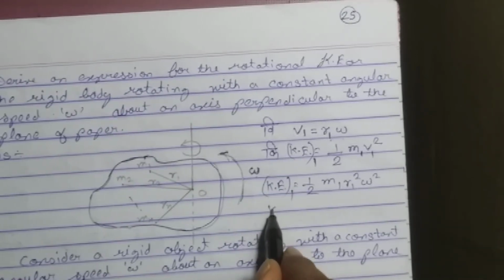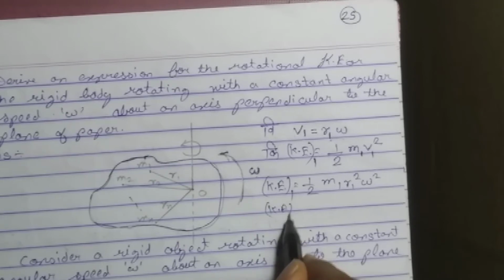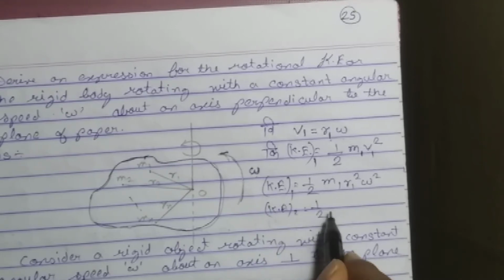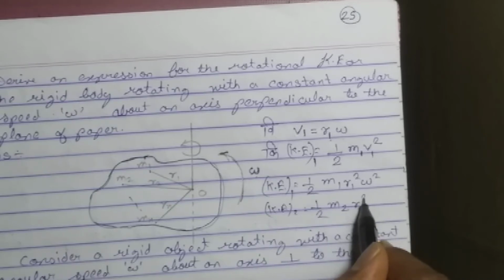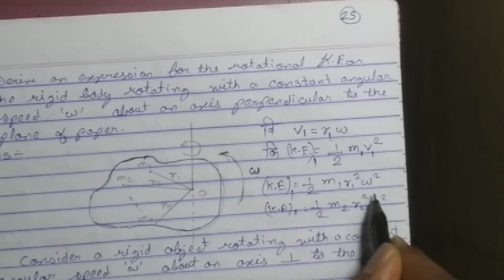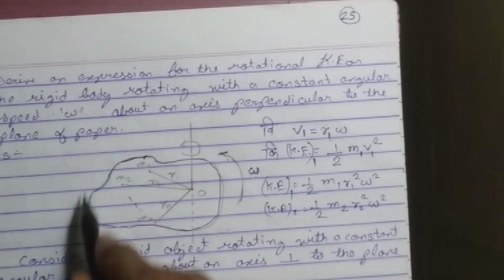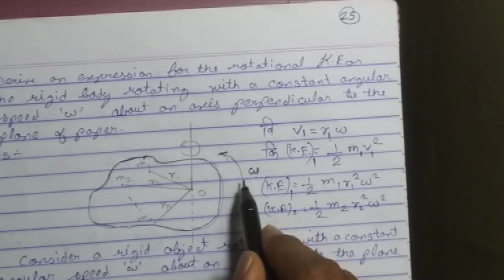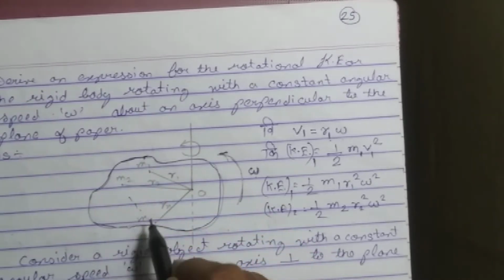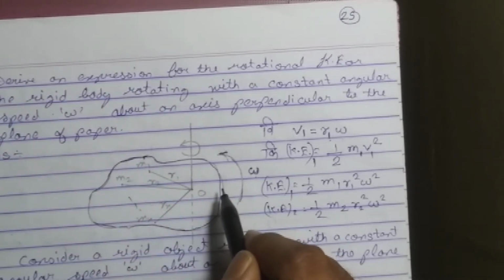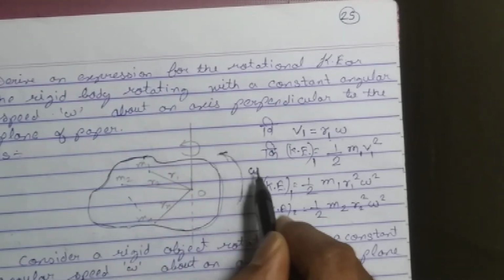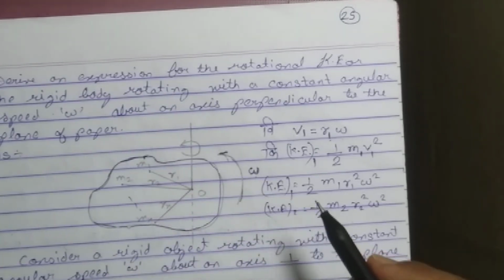Similarly, we can find the kinetic energy of the second particle. We can write directly: half m2 r2 squared omega squared. Students, here I am not going to write omega 1, omega 2, because the body is rotating about its own axis with angular velocity omega, therefore each and every particle is also performing its circular motion with the same angular velocity omega.